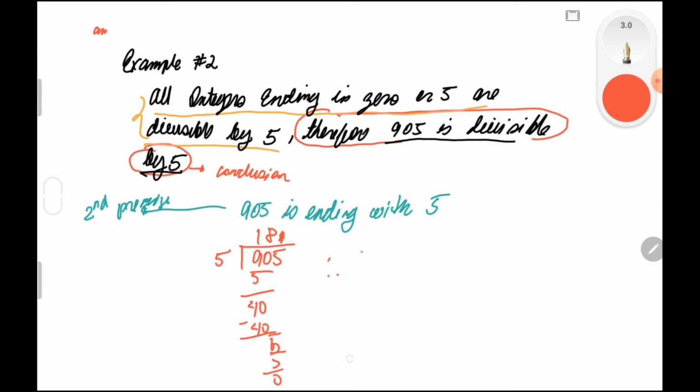So therefore 905 is divisible by 5. So the conclusion is true based on a general rule and theory that all numbers ending in 0 and 5 are divisible by 5.